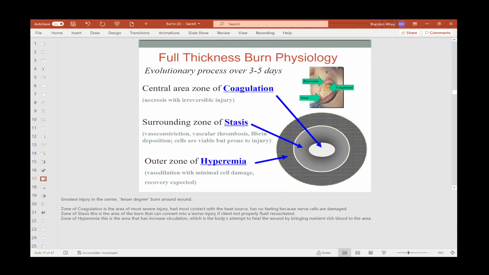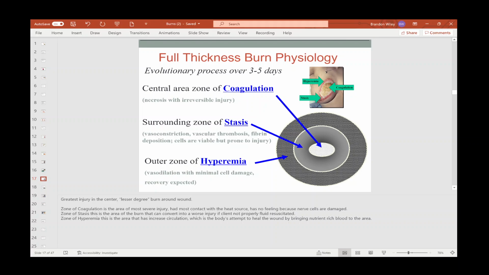This is what we were talking about earlier. This is what it's called. When you got the center of coagulation, everything is coagulated together, it's denatured and just ran together like a bunch of goop, nasty stuff. So that's your necrotic area. There's no blood flow to that area. The surrounding, we call it stasis.